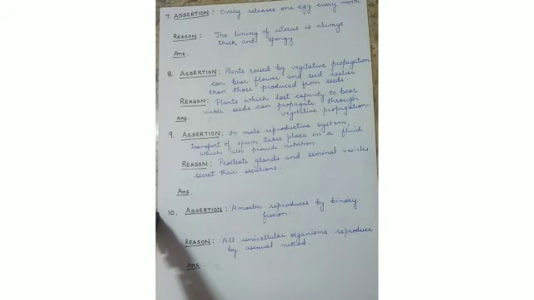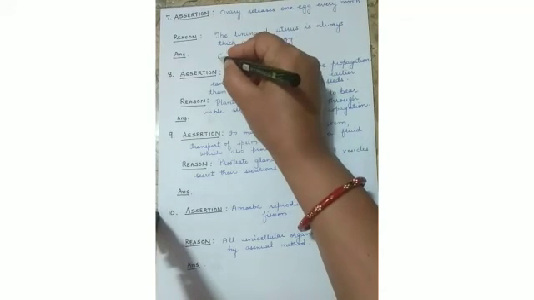But here reason is again false. Why? Because the lining of uterus is not always thick. During menstruation, it flows out of body through vagina. So your answer is code C.